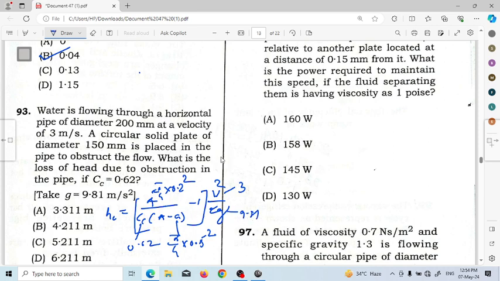Putting in all the values we get the head loss is 3.269, which is equal to 3.3. Option A is the correct answer.